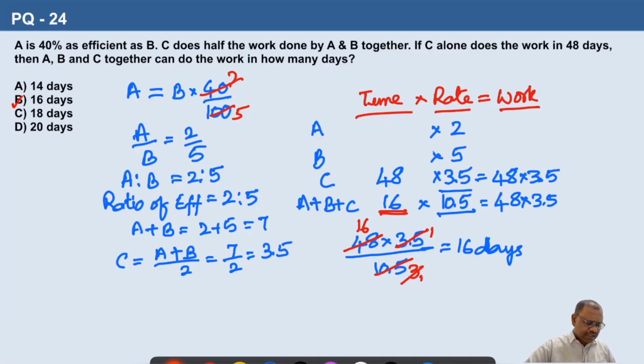So the total work is 48 into 3.5. Total efficiency of all the three is 10.5. So if you divide the total work with the total efficiency of all the three, after simplification, you will get 16 days. So A, B, C together can complete the work in 16 days. Option B is the right answer.